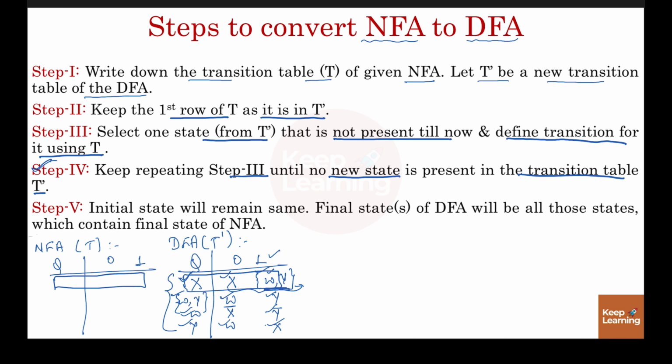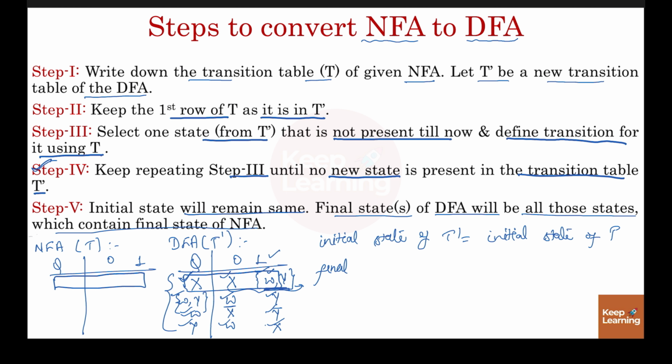Next step is, the initial state will remain the same. So the initial state of T dash will be the initial state of T, and the final states of the DFA will be all those states which contain a final state of the NFA.